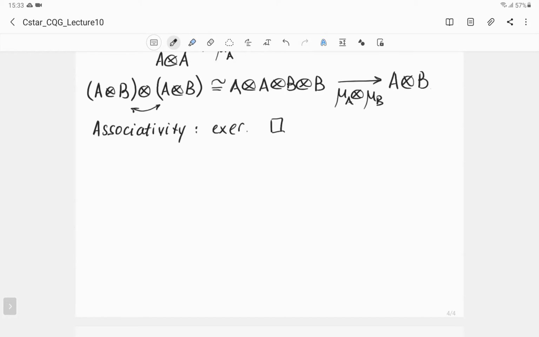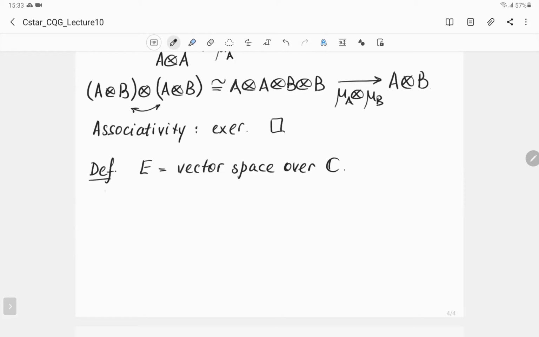Namely, we'll define the conjugate space of a vector space over the complex numbers. So we give the following definition. Suppose that E is a vector space over the complex numbers.